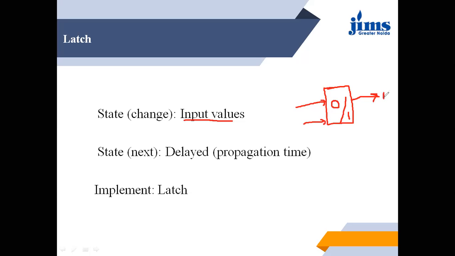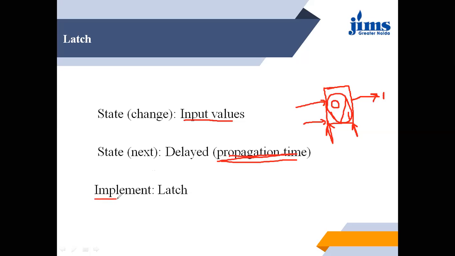Now we are changing the value, so the time taken to change the value, the time between when we changed the input and the time we get the output, is the propagation time. This is the time taken by the latch. This is called propagation delay.